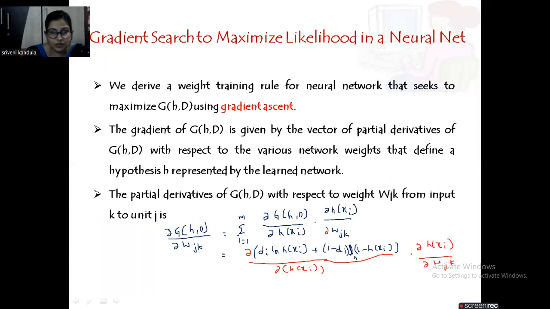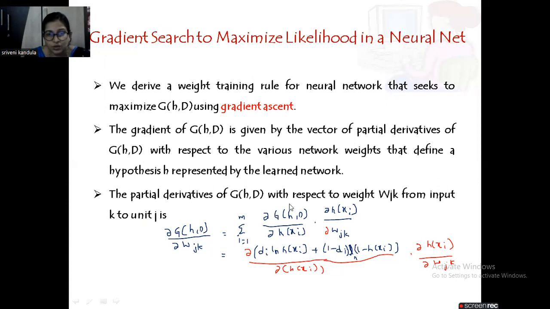So we are performing a partial derivative with respect to wjk, and let us also apply the chain rule with respect to dou of h of xi. Because we are working with respect to the hypothesis only, we introduce this h of xi using the chain rule.